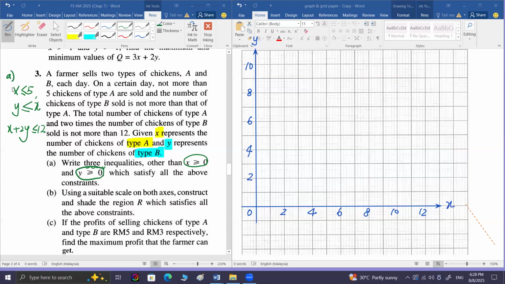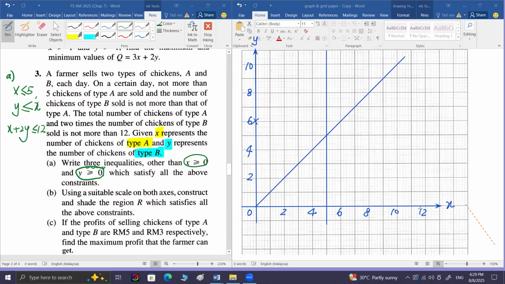Now, look at the first one. So, x equals 5, the first one, right? See? So, I go x equals 5 here. Second one, y equals x. Yeah, this one, y equals x. x is 1, y is 1, x is 2, y is 2. Third one is, like what I said just now, when x is 0, y is 6.